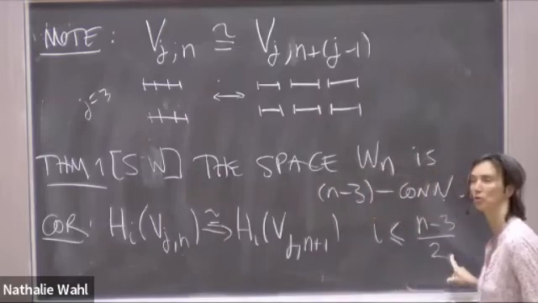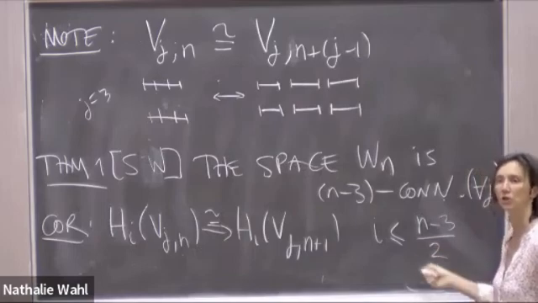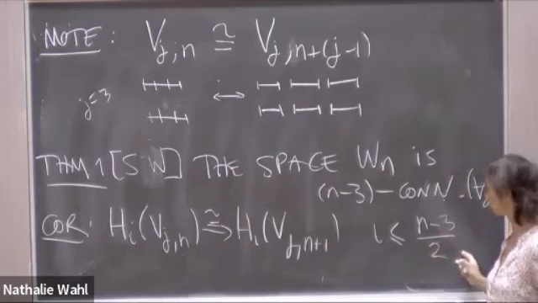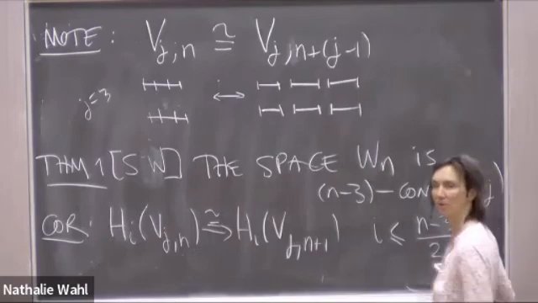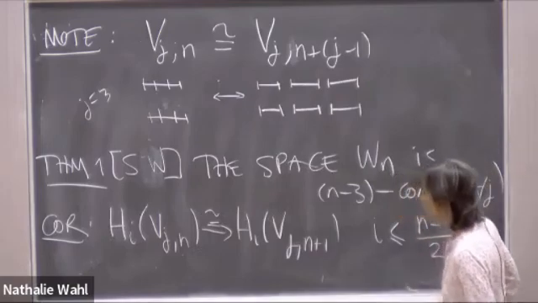I'm forced to put an over 2 because I had a condition in the theorem that said that I could only talk about slopes. So I had this k. I have to divide by something which is at least 2.